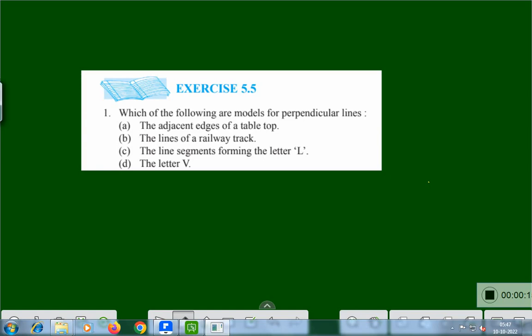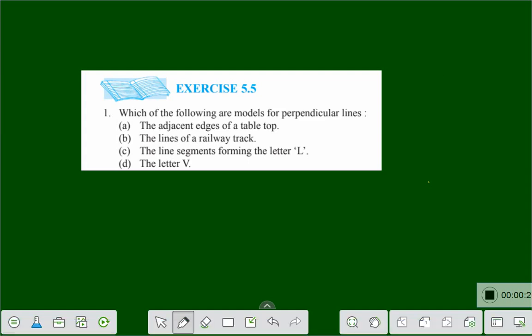The adjacent edges of a tabletop, right? Adjacent edges. How are the adjacent edges of a tabletop? Like this, the rail. We can say that this is 90 degrees, right? Like this, like the edge of a tabletop is like this. Okay, therefore you can say that the adjacent edges of a tabletop are perpendicular.